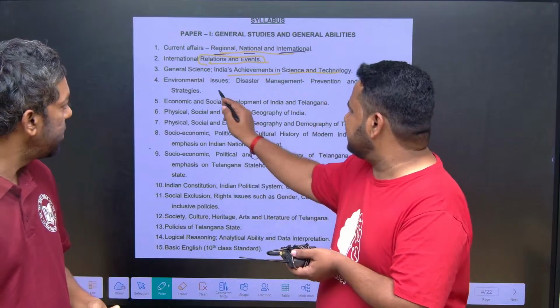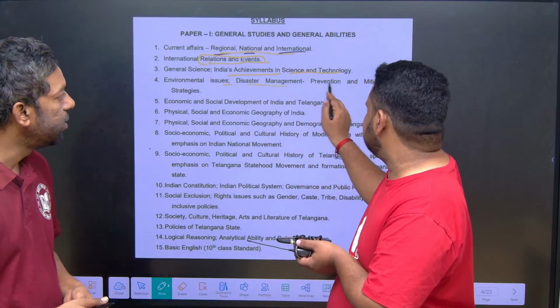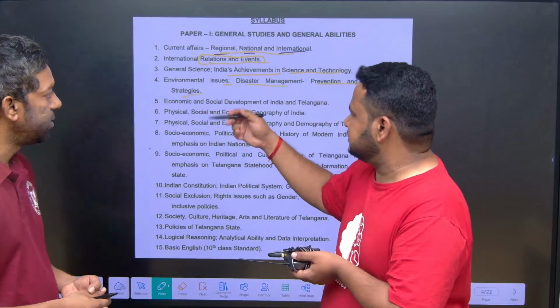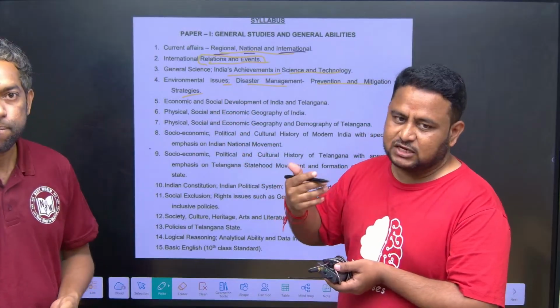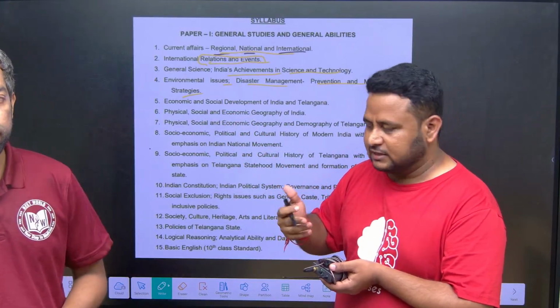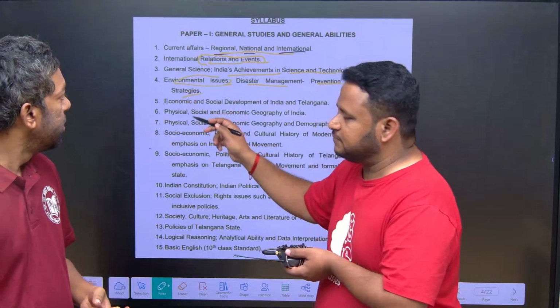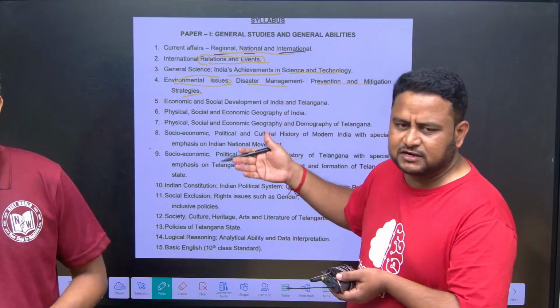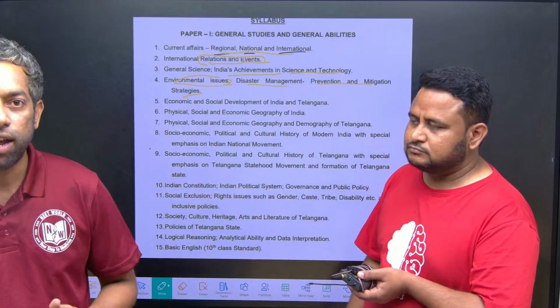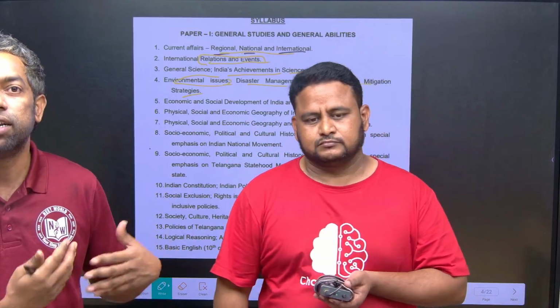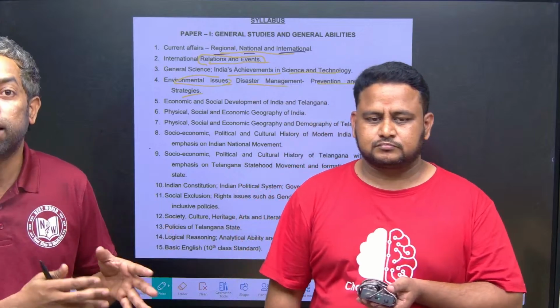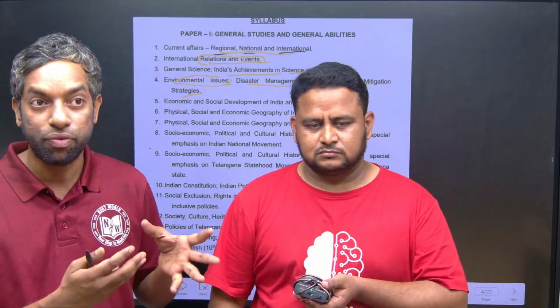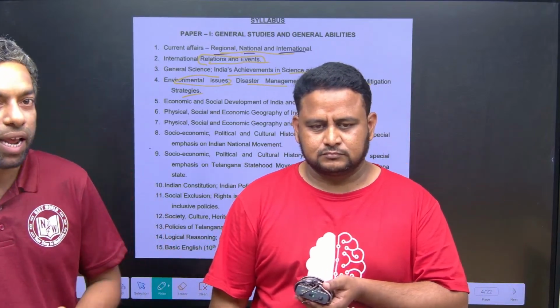Next, environmental issues, disaster management, prevention and mitigation strategies. They can ask about ecology and environment, biodiversity, and environmental issues, such as global warming and pollution, which we will discuss when we come to environment. Likewise El Nino, La Nina, droughts and rainfall, and disasters like cyclones, they can ask names.